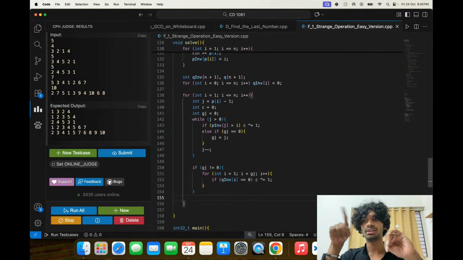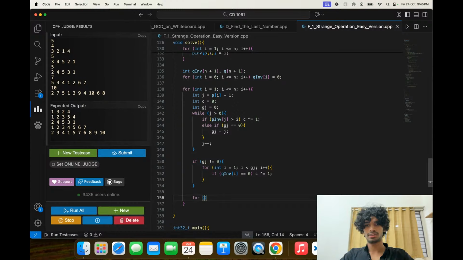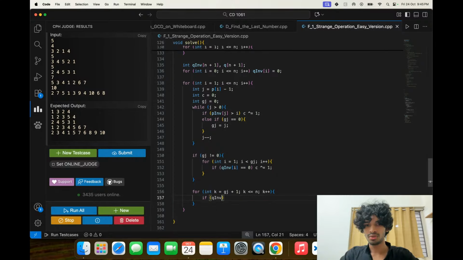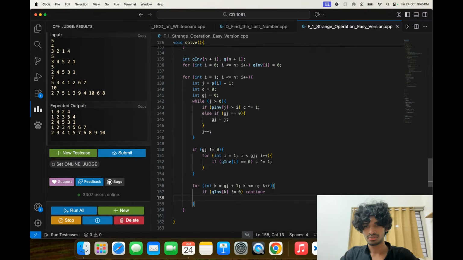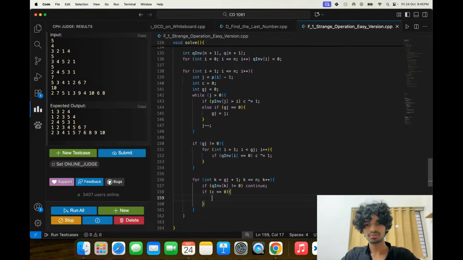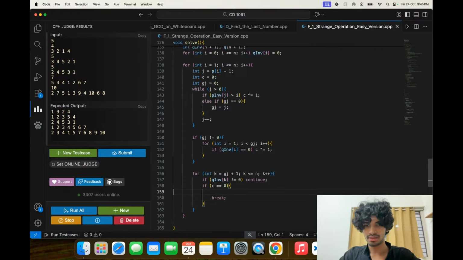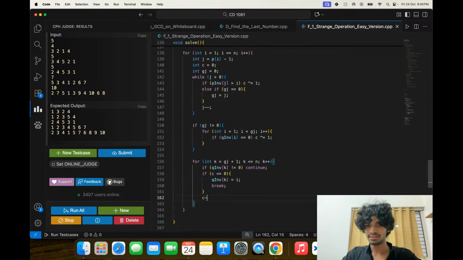So now among these many red things, you do the problem. For int k equals gj plus 1, k less than or equal to n, k plus plus, if q inverse of k not equals 0, continue. If c equals 0, break, q inverse of k equals I, else c minus minus.